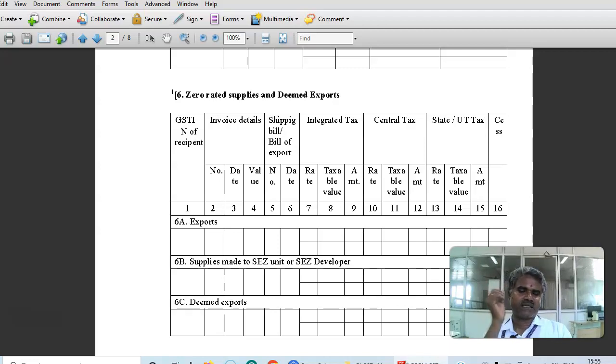So here you have to list out all the information. Number, date, value, that's all. Both IGST, CGST, SGST.